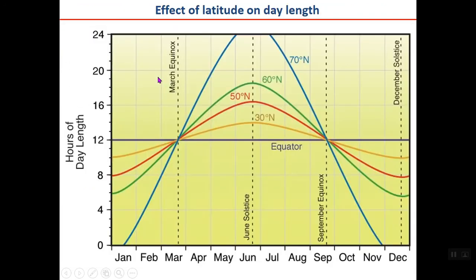Actually, the main effect of latitude is on the day length, and you know that day length is important for us as solar engineers, because we need to know the length of the day for our solar calculation, when the sun rises and when the sun sets.